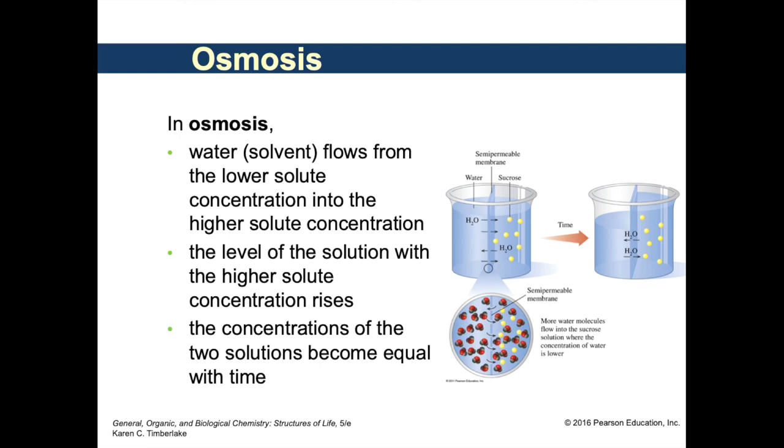Basically, if you have two solutions separated by a semi-permeable membrane and they don't have equal concentrations, they're going to keep on equalizing until their concentrations get more or less equal. So your dilute solution is going to leak water into your more concentrated solution, trying to dilute it down.